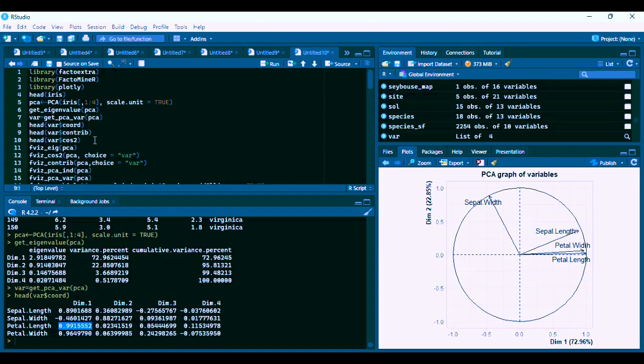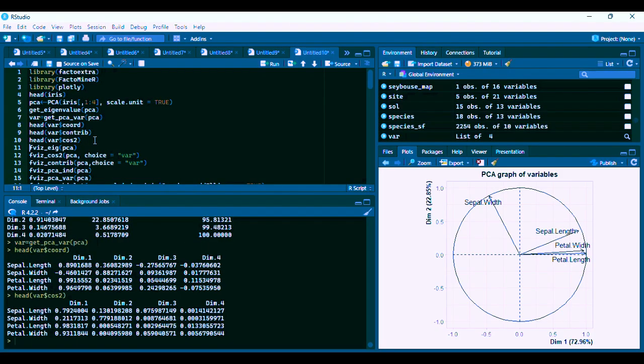So moving on to the cosine squared, also known as the square of the cosine. The value of cosine squared measures how well a variable is represented on a given dimension.